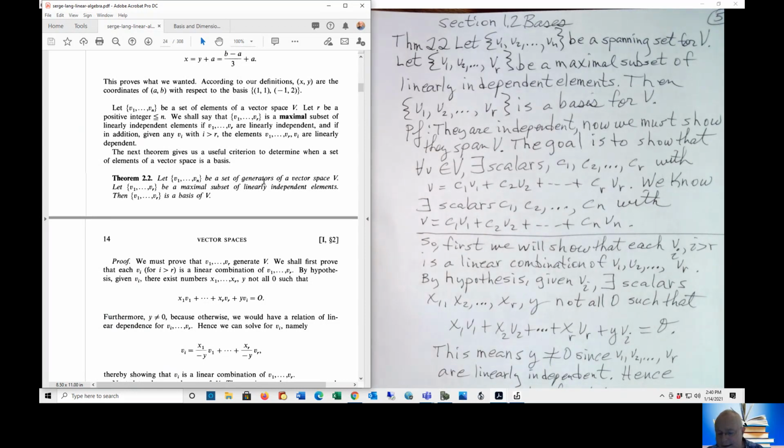By hypothesis, we have a maximal set of independent vectors, and also, given v sub i, there exist scalars x1, x2 through x sub r and another scalar y added to those, not all 0, so that the linear combination x1 v1 through xr vr plus y v sub i equals the 0 vector. Now, not all 0.